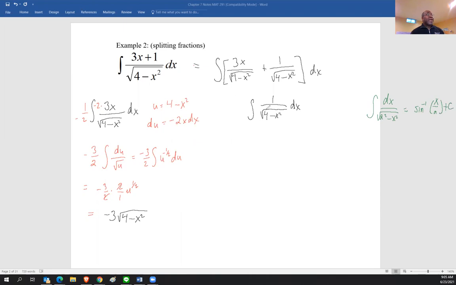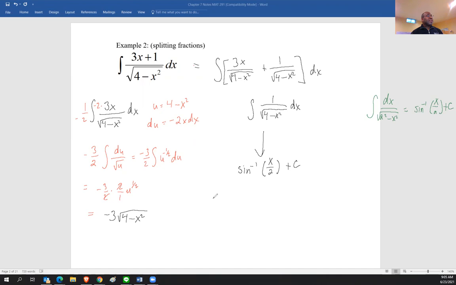And so in this case, a squared is going to represent 4, so a is going to be equal to 2. And so we can just go straight to the result here, which will be the inverse sine of x over 2 plus c. All right, so that's the second term.